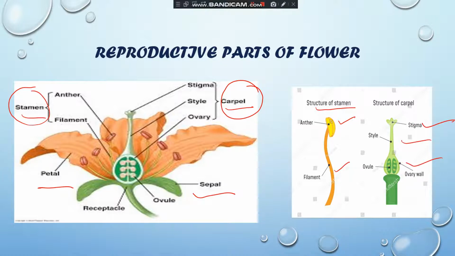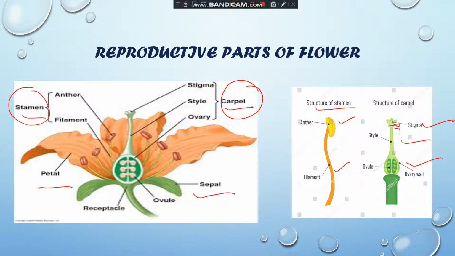Anther is the part of the stamen and it produces the pollen, and pollen contains the male germ cells or male gametes. And carpel is the female reproductive part of the flower, and it has the stigma, the broad part you can see here, and it is sticky, so the pollen comes and sits on it.